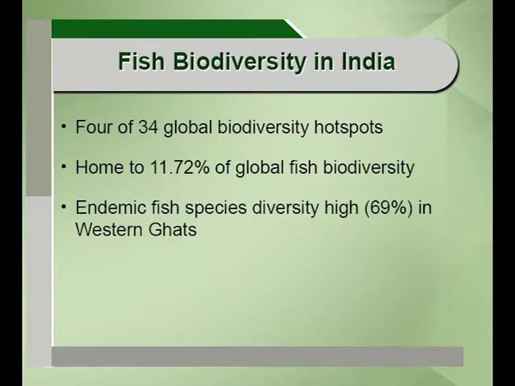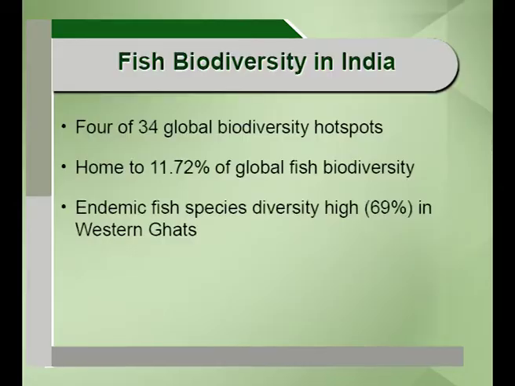Also, our country is home to 11.72% of global fish biodiversity. The hotspots are the Western Ghats, the northeastern region, the Himalayas and the Nicobar Islands. Endemic fish species are very high in the Western Ghats as compared to the northeastern region.